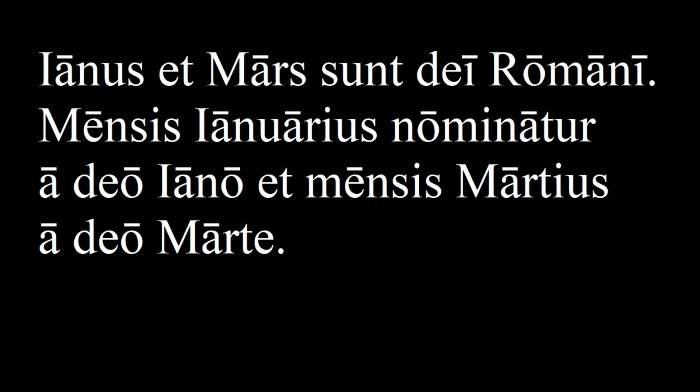This should be pretty easy to understand, and it teaches us the names of 2 months and 2 gods. It also teaches us how to say is named after or is named from. We use the passive form plus the preposition a, which triggers the ablative. So the second sentence means the month January is named after the god Janus, and the month March after the god Mars. These are the only months named after gods.